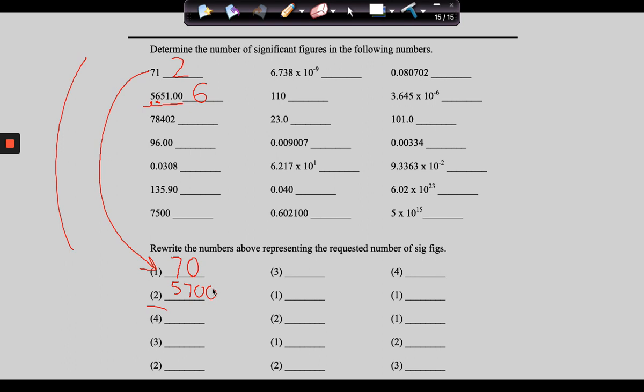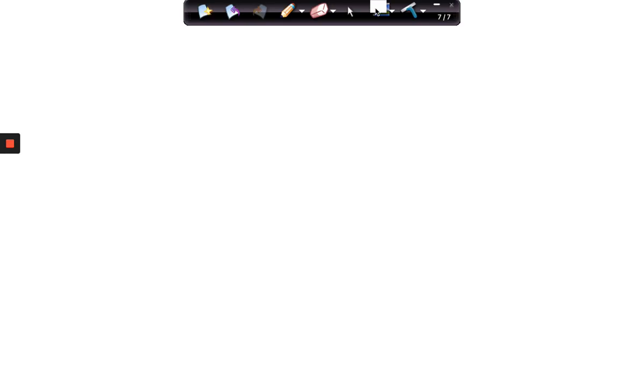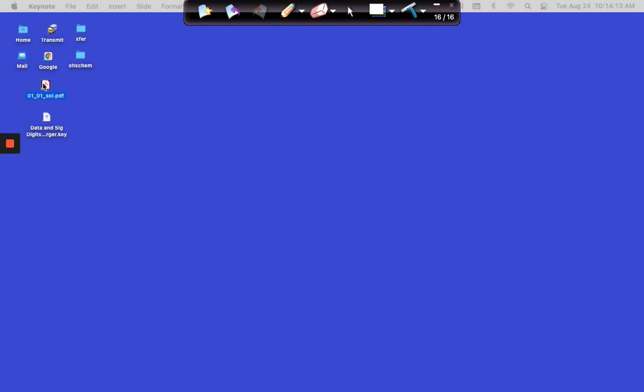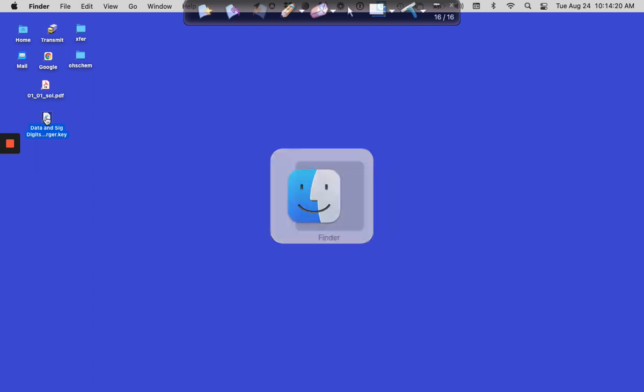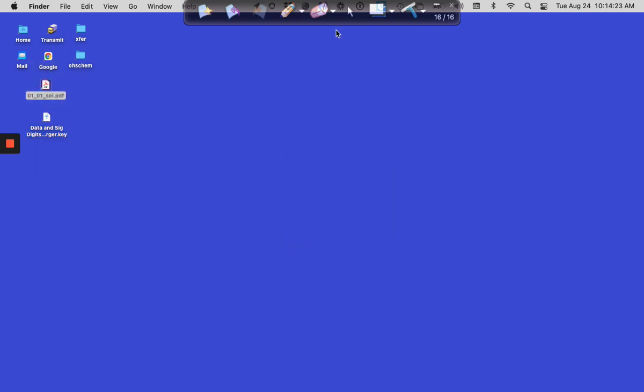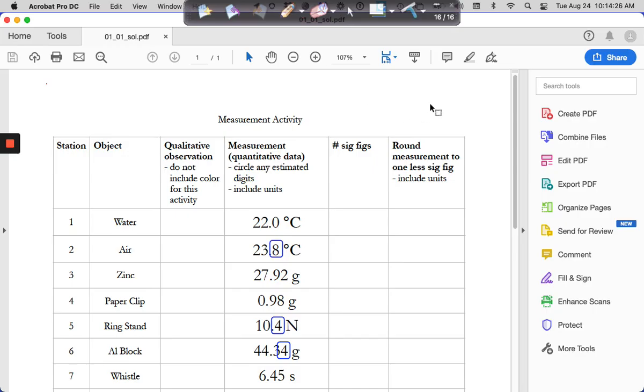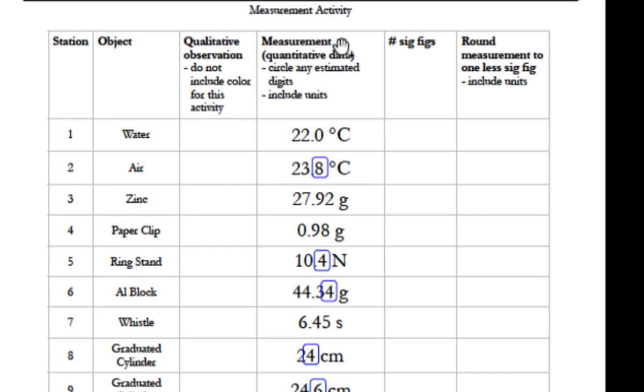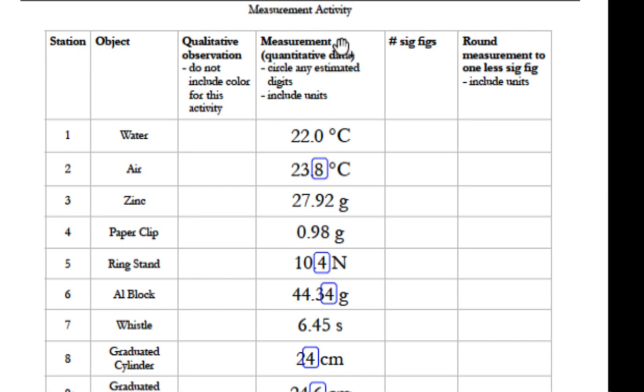In addition to that, now you are prepared to do the activity sheet completely. And so guys, let me show you what this is going to look like. Doing the activity sheet, grabbing this, I think it's self-explanatory, but let me make sure you're clear. So guys, it goes like this. For example, my first measurement is 22.0 degrees.